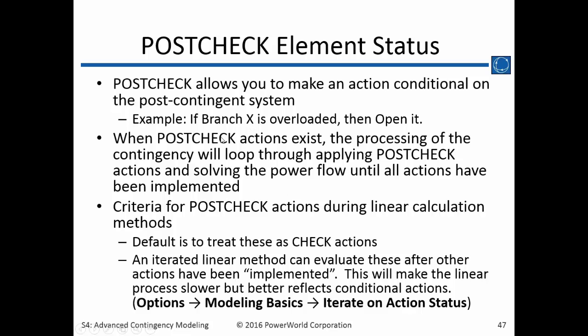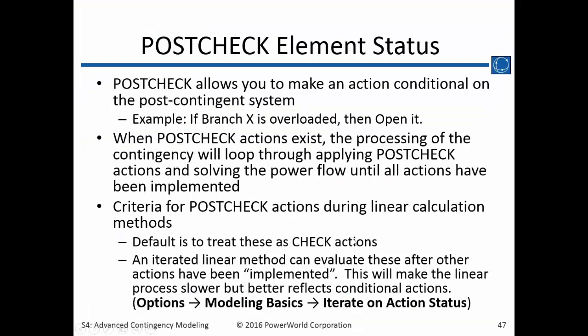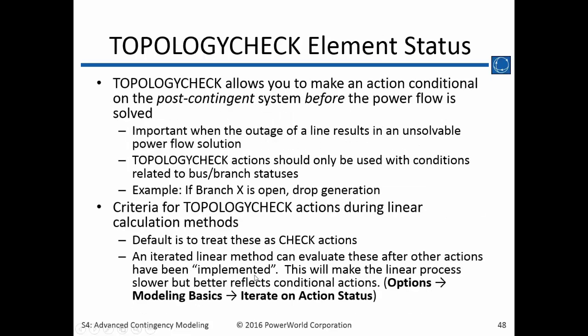When these conditions exist, like here's one right here, it's going to iterate through the other actions in the RAS, and it could apply it at any stage along the way. It'll check to see if any of the other actions were taken, and then it'll have to solve the power flow, and then see if any of the criteria for the post-check actions are met. So it's just explaining that it kind of loops.